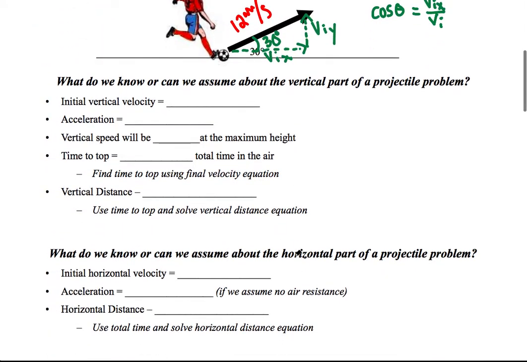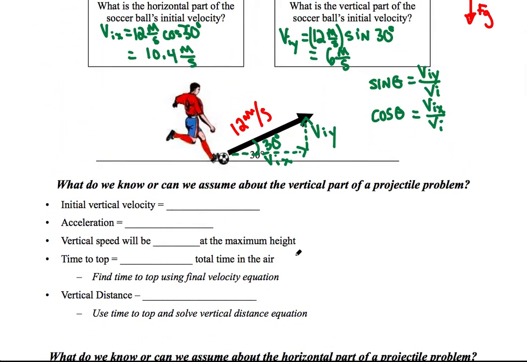So moving on, what do we know about this object in the vertical and in the horizontal? First off, in the vertical, we know that whatever velocity it's launched at vertically, when it lands on the other side, since it's going to rise the same amount that it falls, assuming this is level ground, this is important, this initial velocity in the vertical is going to be equal in magnitude to my final velocity in the vertical.